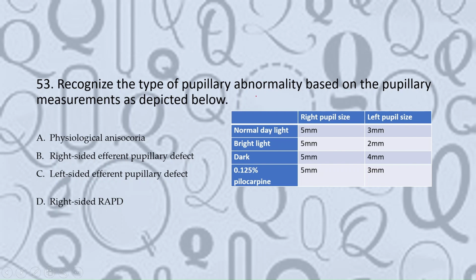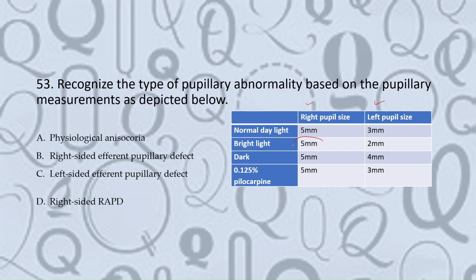So recognize the type of pupillary abnormality based on the pupillary measurements as depicted below. The size of the pupil in the right eye and the left eye are shown here. In normal daylight, it is 5 mm and 3 mm. In bright light, it is 5 mm and 2 mm. So in bright light, the anisocoria is worsening.